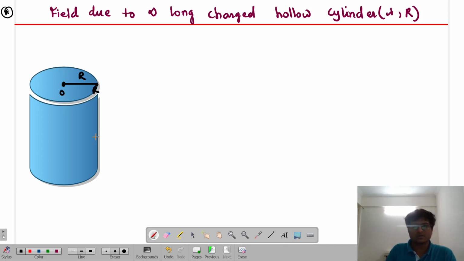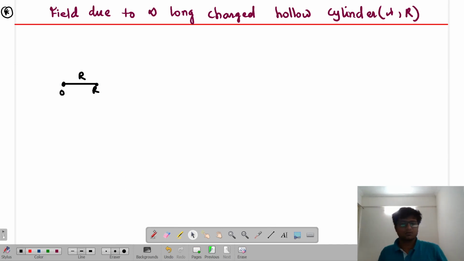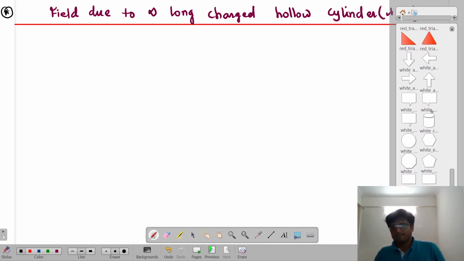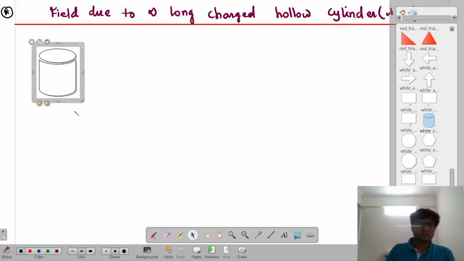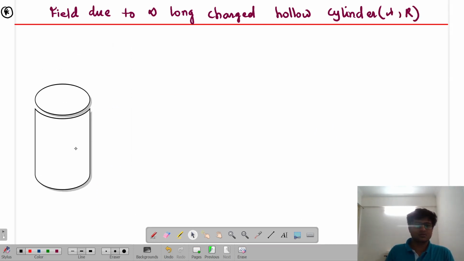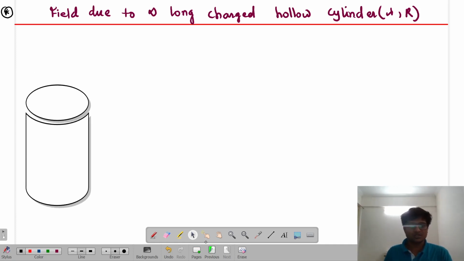Once again, it is a hollow cylinder, no? I took the wrong cylinder. One minute, I have to consider a hollow cylinder. Is the cylinder clear? This looks like a cylinder.